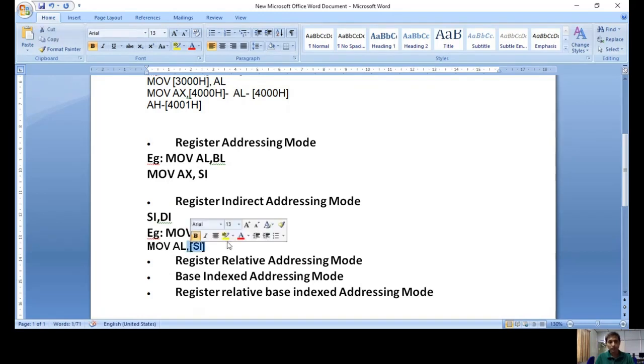So instead of calling memory, here we are selecting a register. Initially we are loading the register with 3000H. So what is the meaning of this instruction?